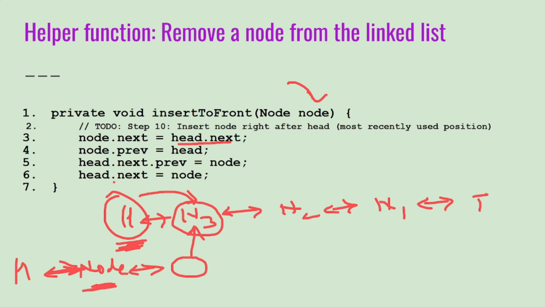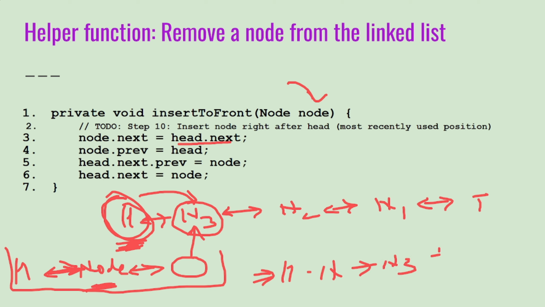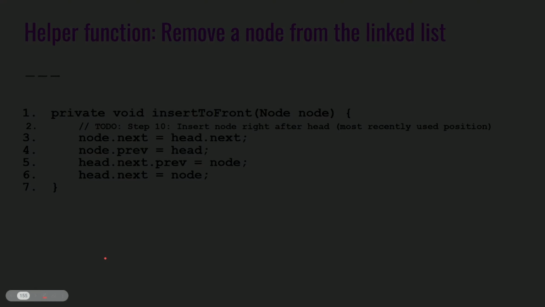Then head.next we set to this new node. So the fresh list will look like this: head, then the node, then N3, then N2, then N1, and then tail. I hope you understand. Let me know in the comment box.